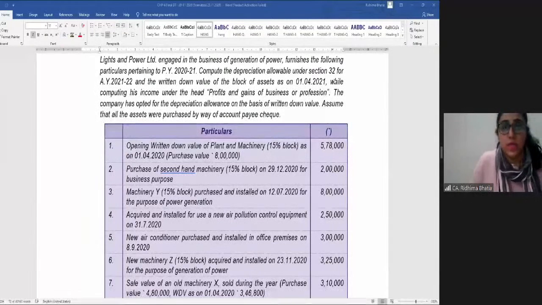Okay, so let's see how many of you have actually answered it. I gave you enough time. Come on, students. What is the correct answer? If you can solve this question, that means depreciation has been clear.